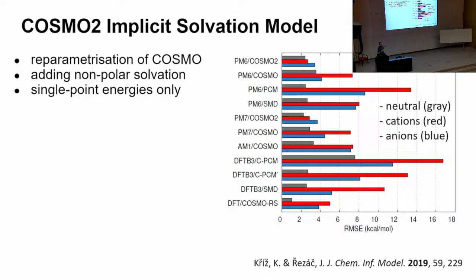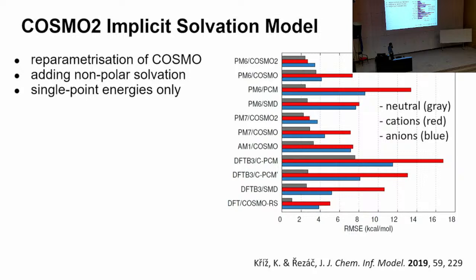And the traditionally used one was COSMO, or PCM or SMD, and you can see with these root mean square errors, in some cases it's fine, especially when these compounds are neutral, whereas cations and anions have really troubles.